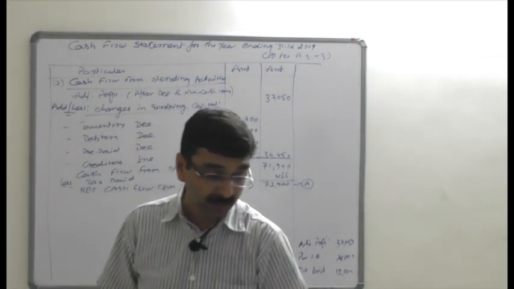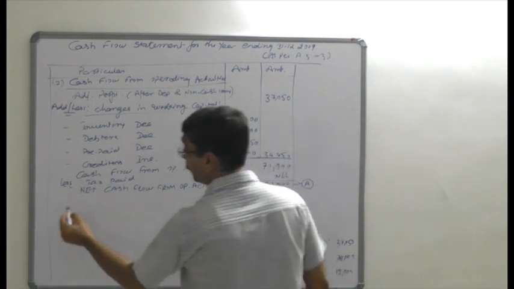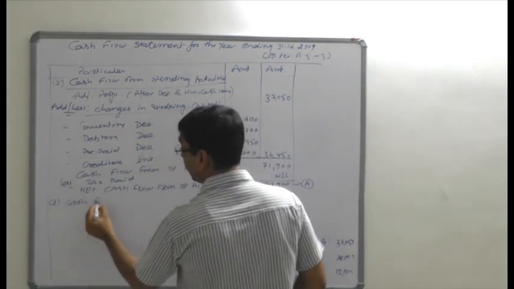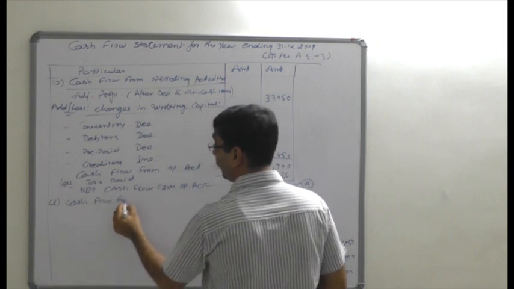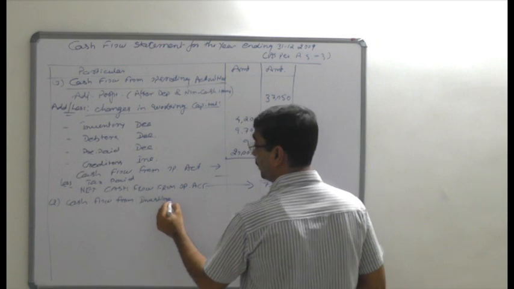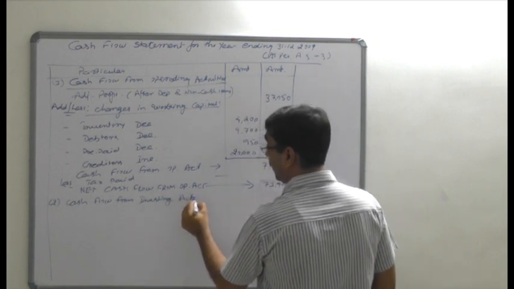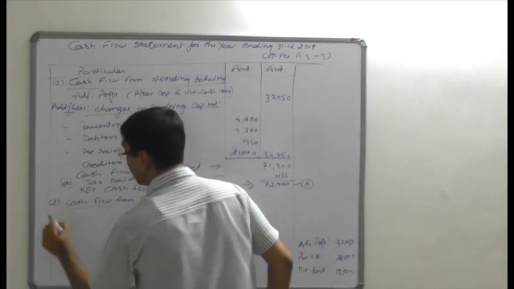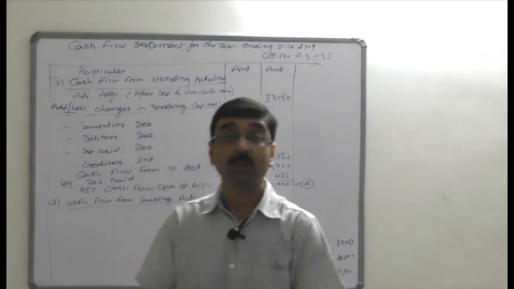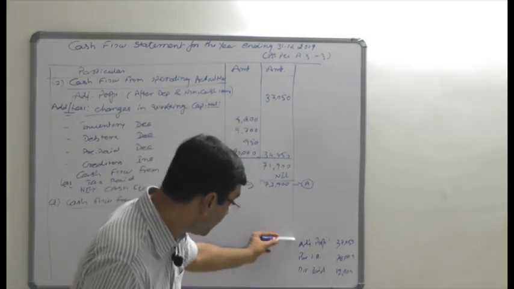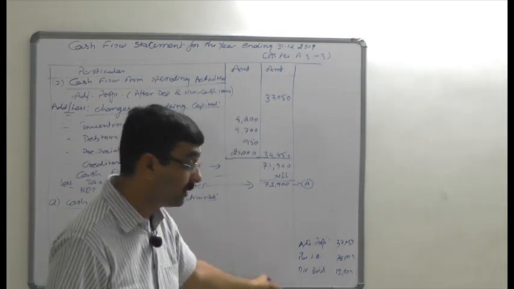Now moving to the next part, that is cash flow from investing activities. For that we need to identify the changes in your fixed assets and investments. So refer to the question, and we'll find out if any changes are there in the investments.